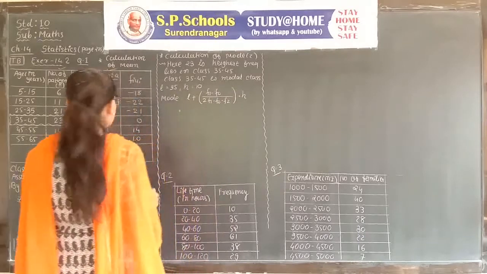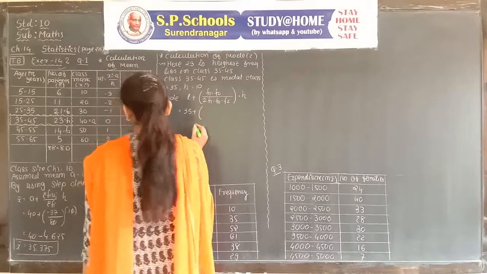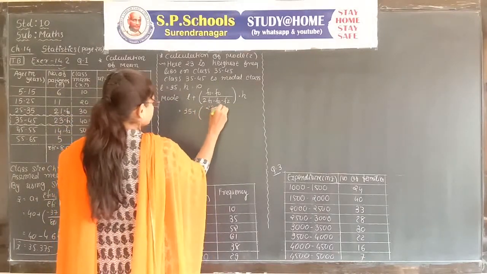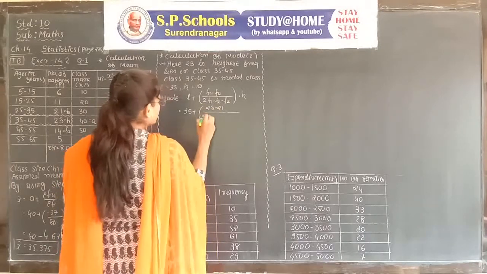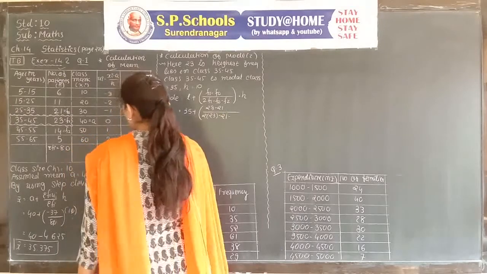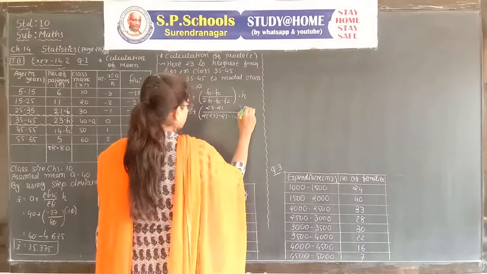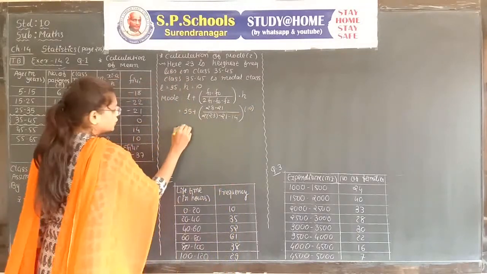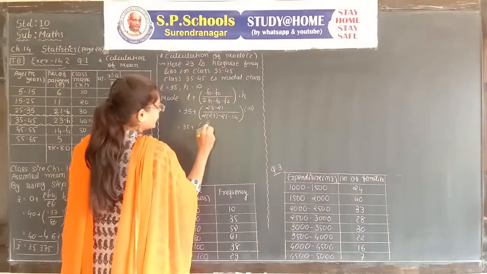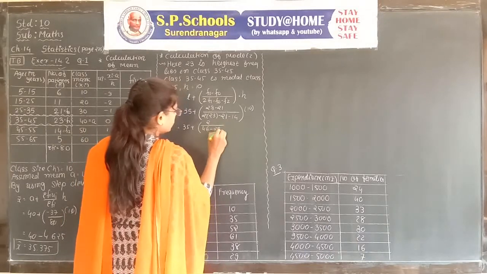Now L is the lower limit, which is 35, plus F1 minus F0, 23 minus 21, upon 2 into F1 which is 23, minus F0 which is 21, minus F2 which is 14, and the class size H is equal to 10 here. 35 plus 23 minus 21, which is 2. 23 twos are 46 minus 35.